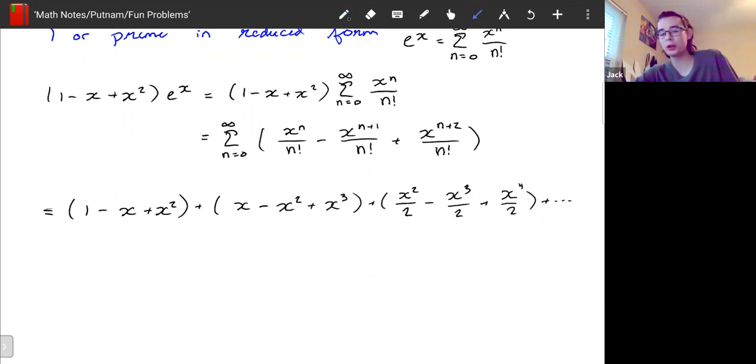And then unfortunately, that pattern of cancellation does not repeat because if we look at the x cubed term, this positive x cubed here and this negative one here don't cancel out because this is only half of x cubed, whereas this is a full x cubed. So unfortunately, we can't just say that this is telescoping and that the majority of the coefficients are actually 0. But these first few ones right here are going to be 0.